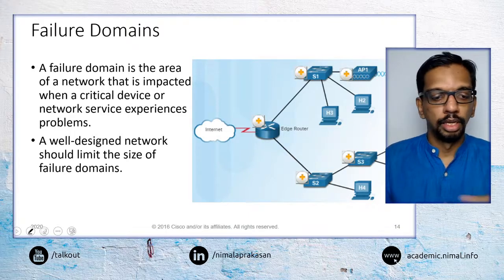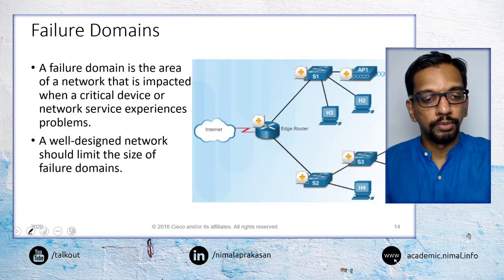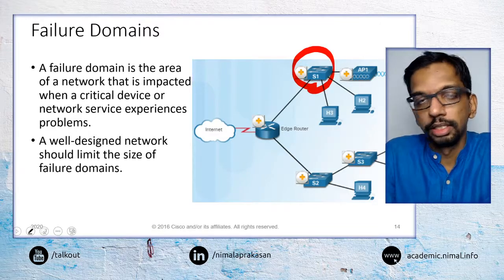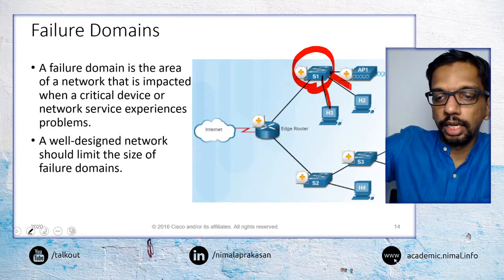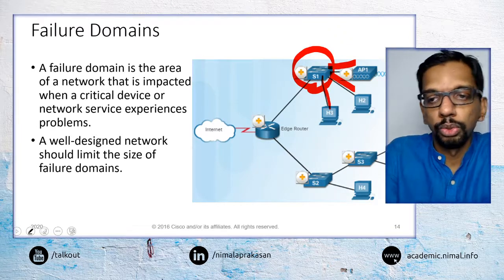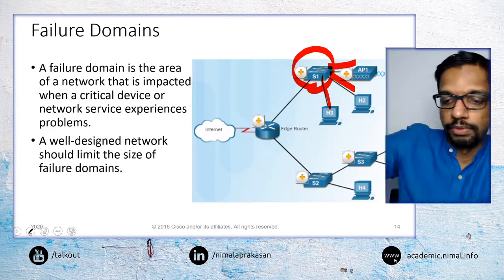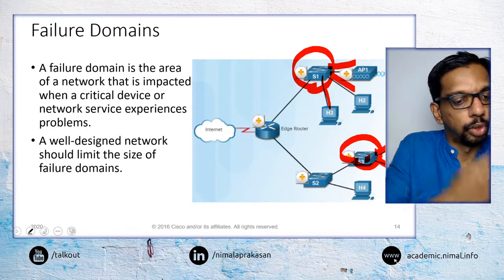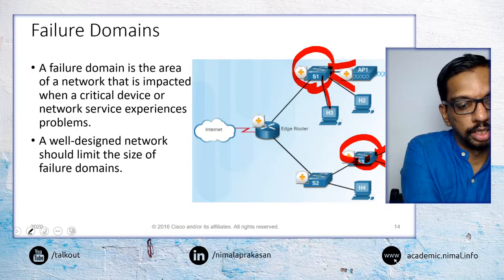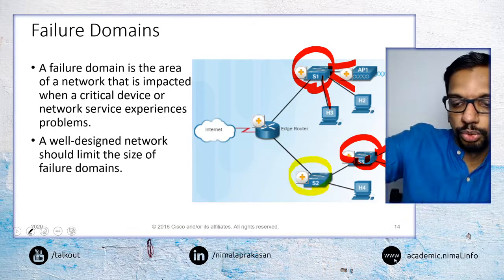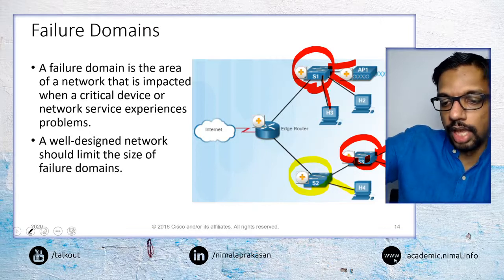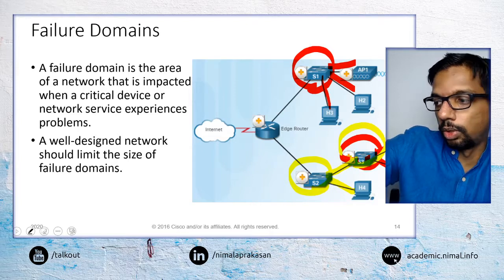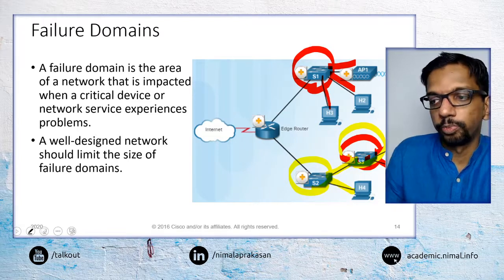Say, for example, in the network here, if this switch 1 fails, anything that is connected to switch 1 is going to lose connectivity. If switch 3 fails, anything that is connected to that is going to lose connectivity. Whereas if switch 2 fails, anything connected to that, and it is connecting to switch 3, so these are also going to be impacted there.